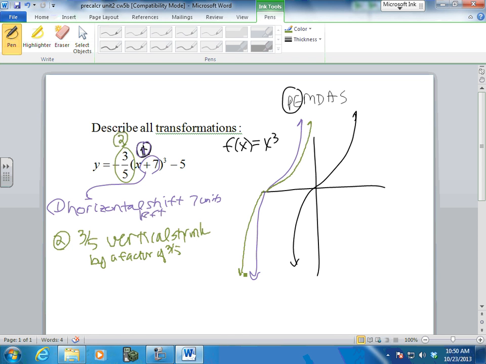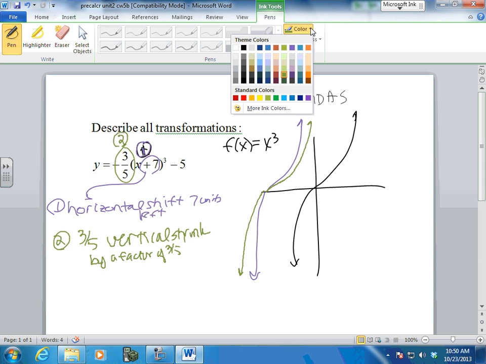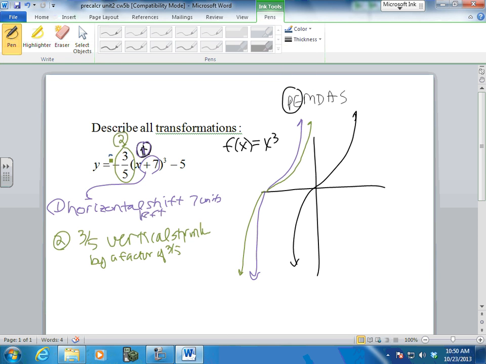Yes? Negative is a reflection. You can't dilate something a negative amount. So you actually have two transformations, a dilation and then a reflection. But you're absolutely right. We're going to hit the negative next. So Chris is now telling us that we have a negative out here. So the third one we're going to do is the negative. The negative is not next to the x.